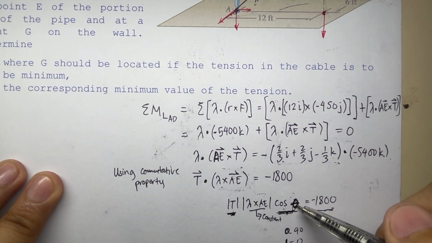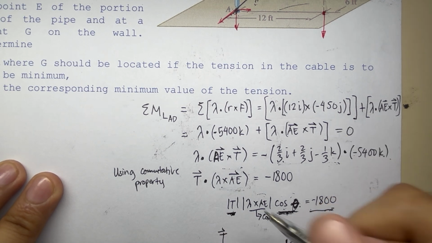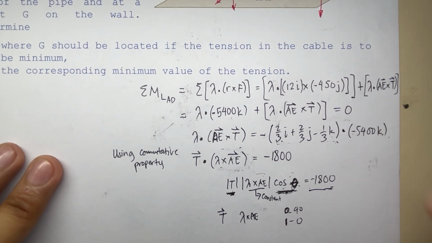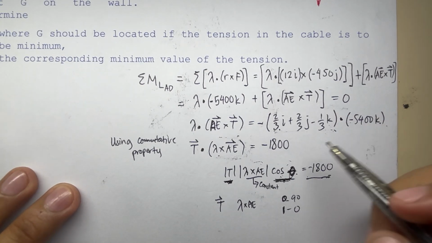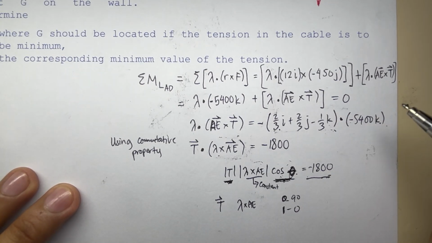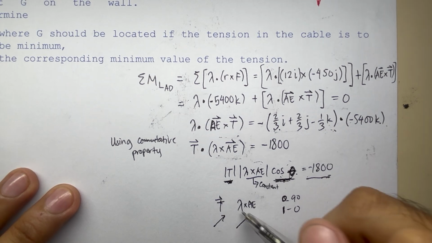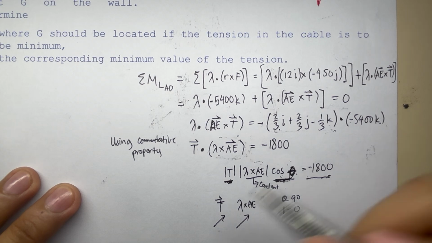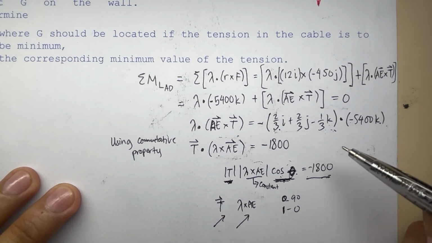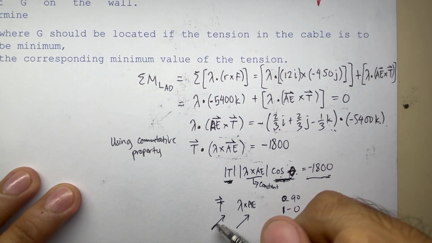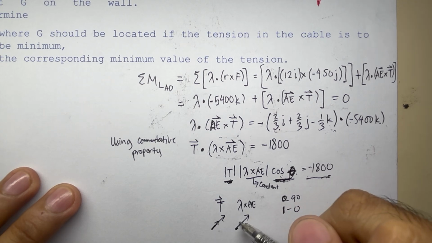If theta is equal to 0, therefore the vector T and the vector lambda cross AE are parallel. Since the angle in between them is 0, the vector T is parallel with the vector lambda cross AE. And if they are parallel, their direction cosines, their unit vectors, should be the same.